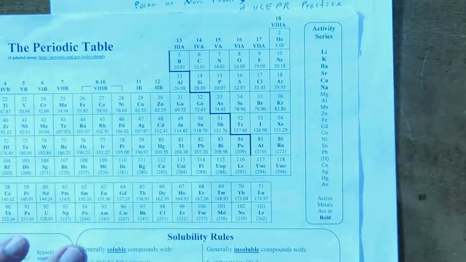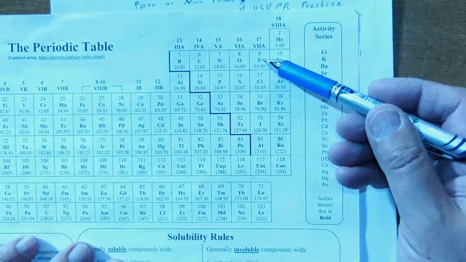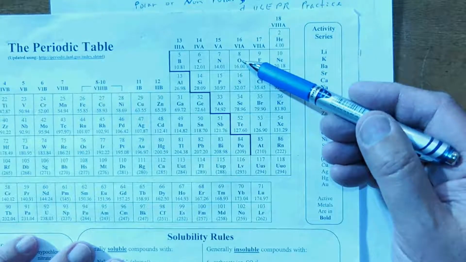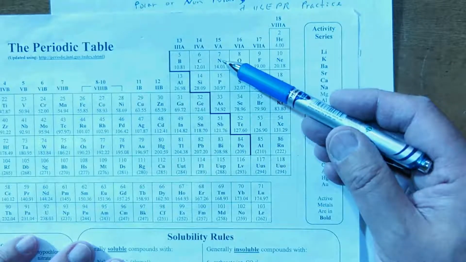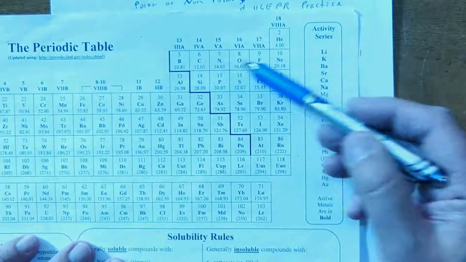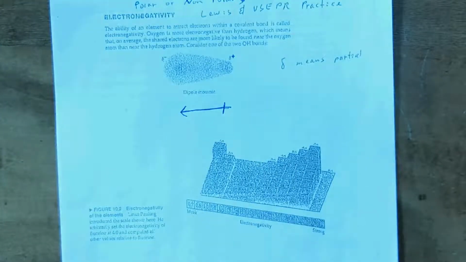The most electronegative element is fluorine. The second most electronegative, oxygen. The third most electronegative, nitrogen. So know that these three are your heavy hitters when it comes to electronegativity. That's going to be huge later on. You don't have to know the actual values of electronegativity, just know the trends.